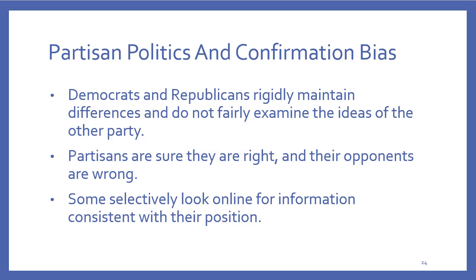So what happens is that when I'm trying to defend my position, let's say as a Republican, I'm going to find as much information as I can about the Democrats or about my position that separates my thought from their thought, and I'm not going to seek out any information that looks at the similarities between our groups. So I'm not going to look at any information that disconfirms the way that I feel or the way that I think.